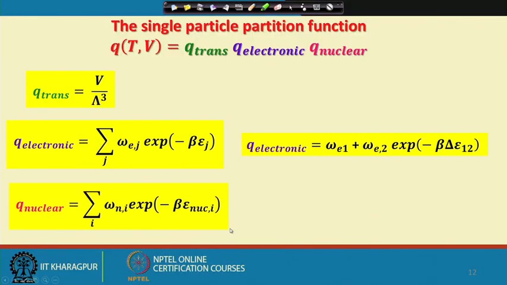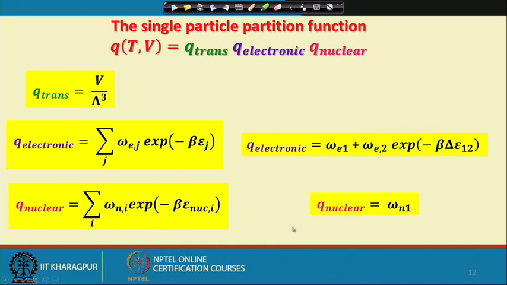Similarly, you can talk about the q nuclear, and once again, since the epsilon nuclear for different values are very high in magnitude, therefore, beta epsilon nuclear is also going to be very high in magnitude, and therefore, this basically tells you that the nucleus at normal room temperatures will always be located in its ground nuclear energy level.